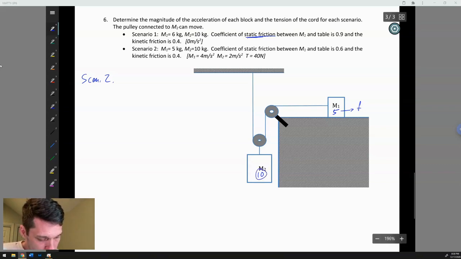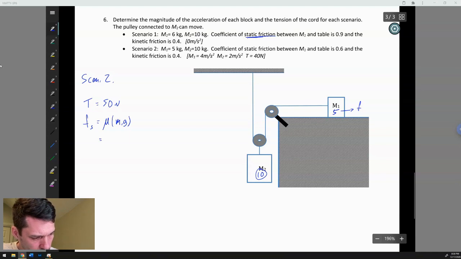Well, M2 is still 10 kilograms. So based on the math we just did a minute ago, we know the tension in the rope is going to be 50 newtons. And the maximum possible static friction would be mu times normal force, which, as we found earlier, would be m1g.